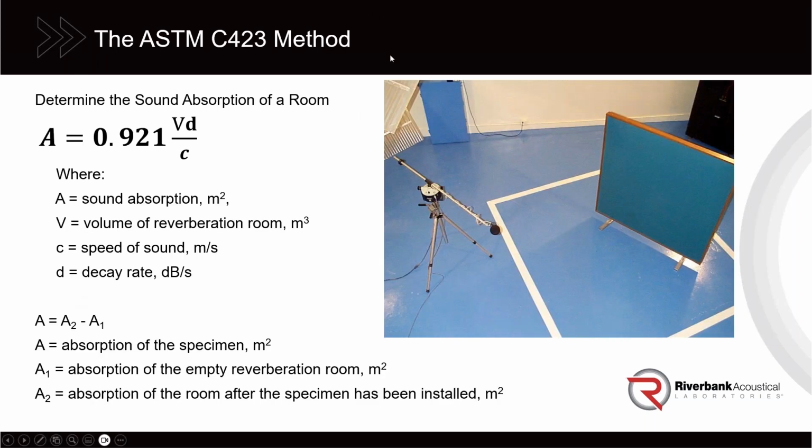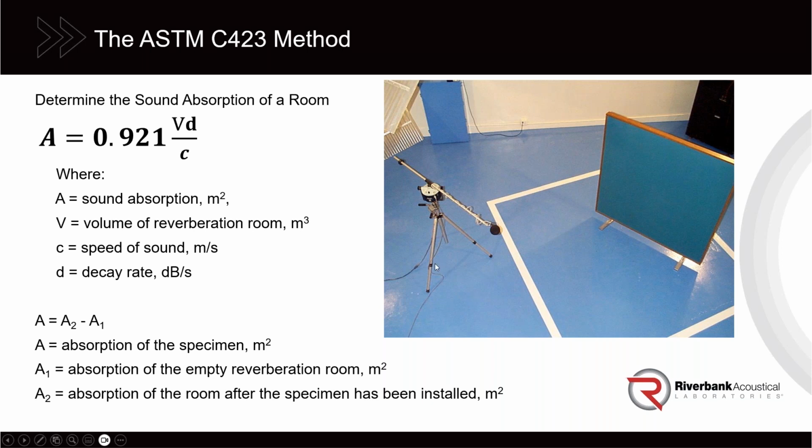The ASTM C423 test method is the way we as a laboratory measure the Sabins that a material, product, or system will add to a space. Basically, the total absorption added by an object. In this photo is an example of an office screen.